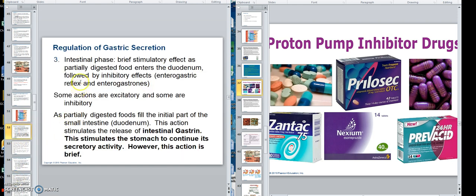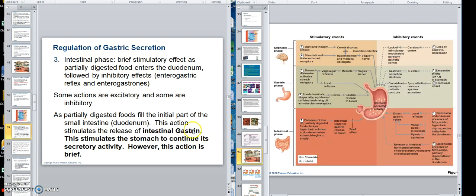Here we are, regulation, intestinal phase. Okay, so now let's get back to the story. The intestinal phase has a brief stimulatory effect as chyme enters the duodenum, followed by inhibitory effects. The intestine also has some cells that secrete an intestinal gastrin. Now listen to me, an intestinal gastrin.